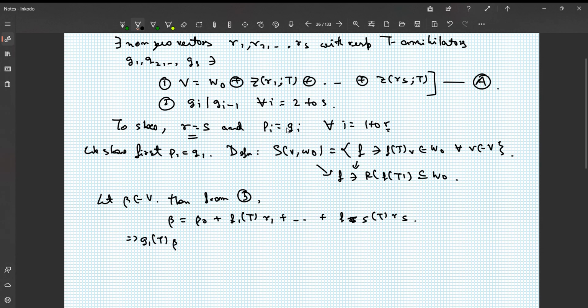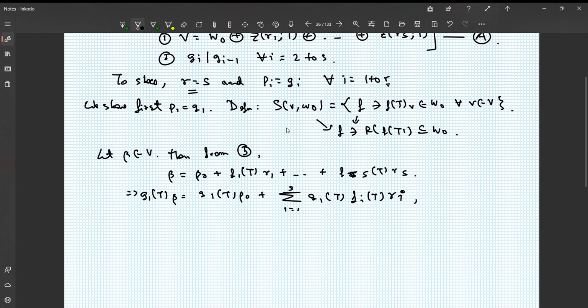This comes from 5. Clear? Then what is g1(T) of beta? It's g1(T) of beta naught plus the summation over i equals 1 to s of g1(T) fi(T) of gamma i.